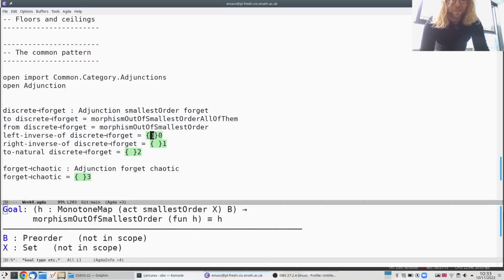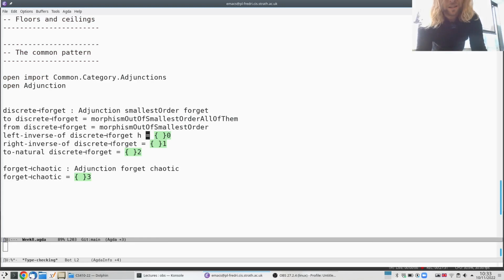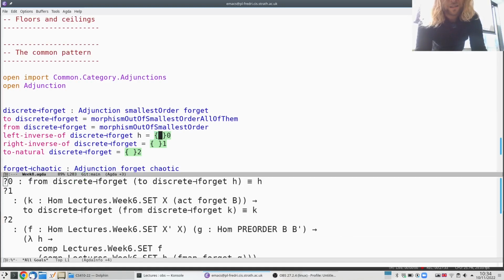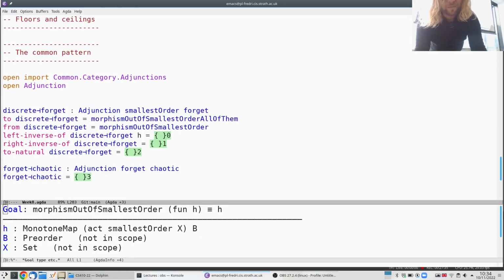Okay, and now we can actually show that they are inverses. We are given an h, starting on one side, and then we are applying to and then from, and we want to end up at the same h. You remember how to check that monotone maps are equal?